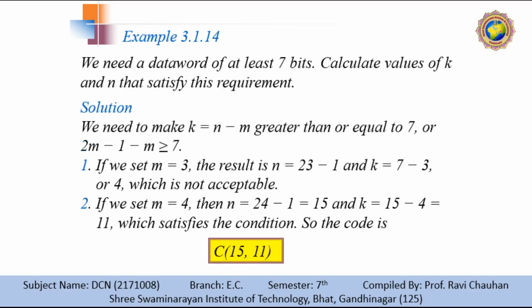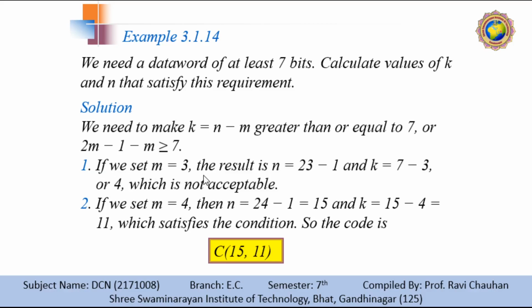Second example. We need a data word of at least 7 bits. Calculate the values of k and n that satisfy this requirement. We need k equal to n minus m, which is greater than or equal to 7, or 2^m minus 1 minus m greater than or equal to 7.